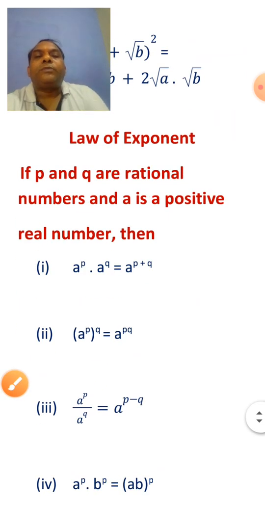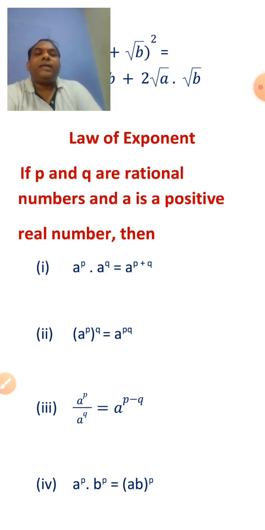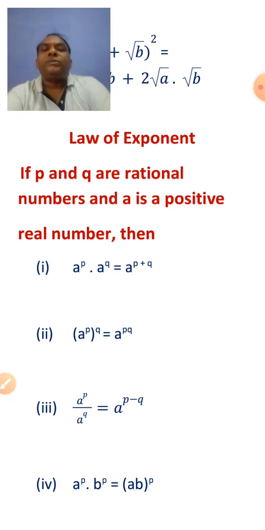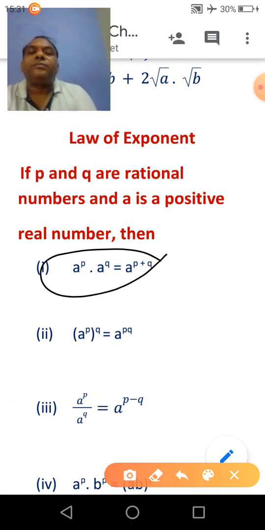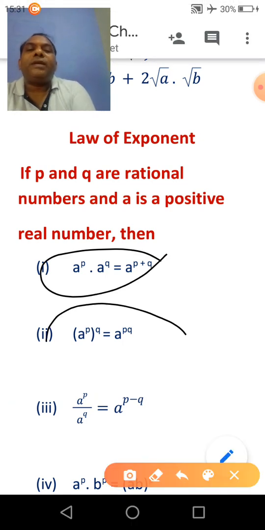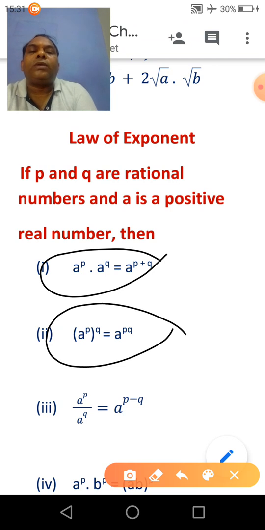Now the law of exponents. If p and q are rational numbers and a is a positive real number, then a to the power p into a to the power q is equal to a to the power p plus q. A to the power p to the power q is equal to a to the power p into q.